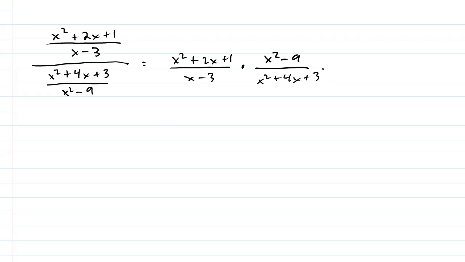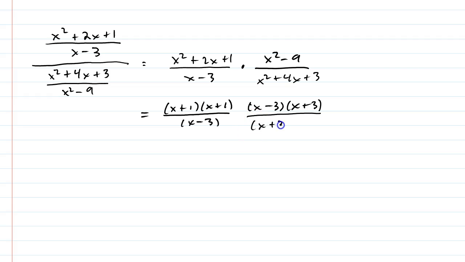Alright, next step. Now I'm going to factor to see if anything can cancel out. Whoops. I say factor and then I just rewrite it. What goes into 1 and adds to 2? 1 and 1. Underneath we have x minus 3 still. The other side, it's going to be a difference of squares.